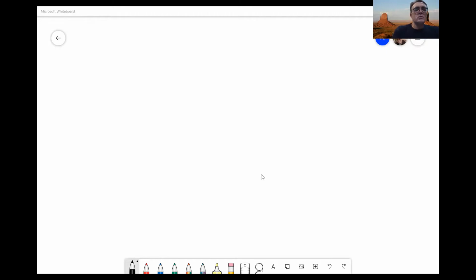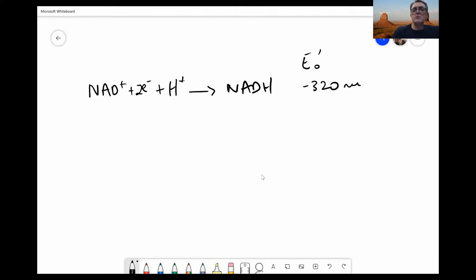The reactions, if we write them as half cells again, and maybe I should put the protons here. Hold on. And we know that the E value for that is minus 300 millivolts.